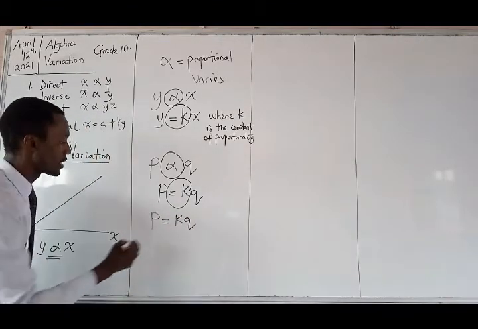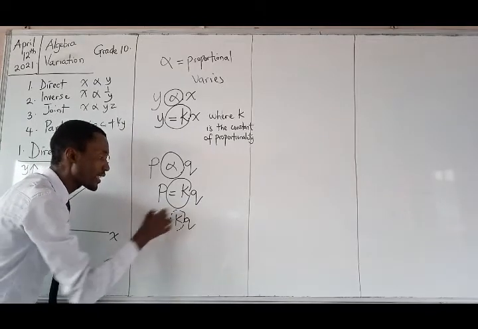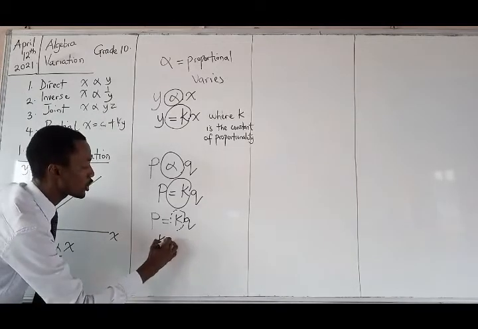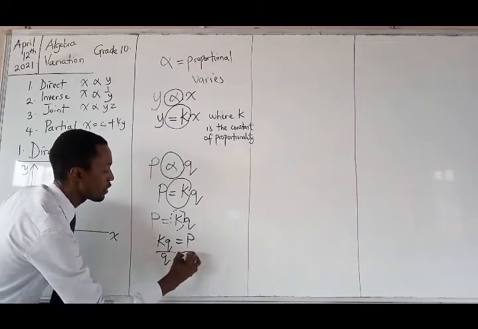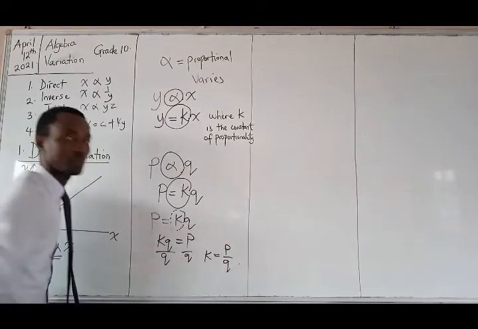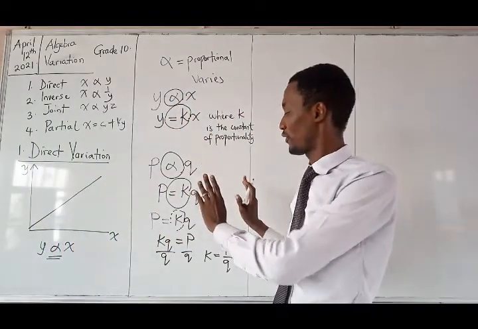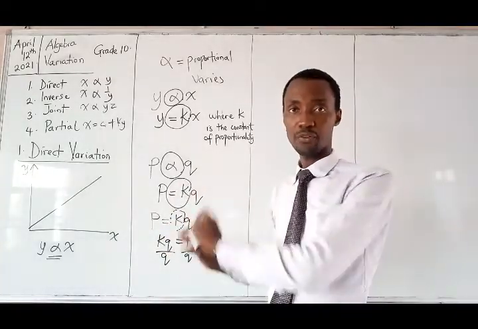What does that mean? Our first objective now will be to try to look for what? K. And from your knowledge of change of subject of formula, KQ will be equal to P. Is that not? And we divide both sides by Q, and K becomes what? P over Q. So that handles the knowledge of direct variation.